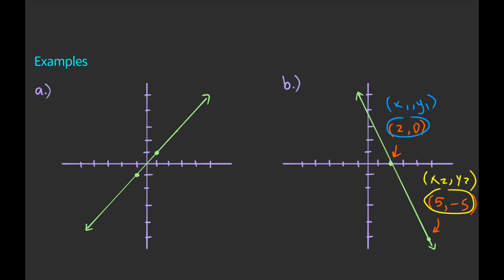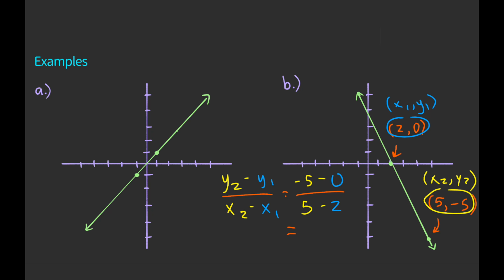So let's write down our slope formula. y2 minus y1 over x2 minus x1. Here we're going to plug our numbers in. y2 is -5 minus y1, which is 0, over x2, which is +5, minus x1, which is +2.